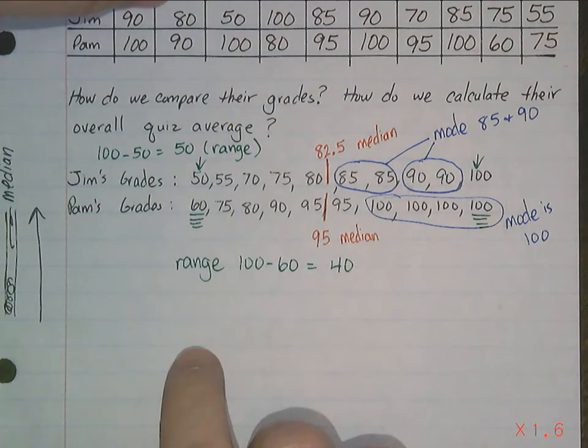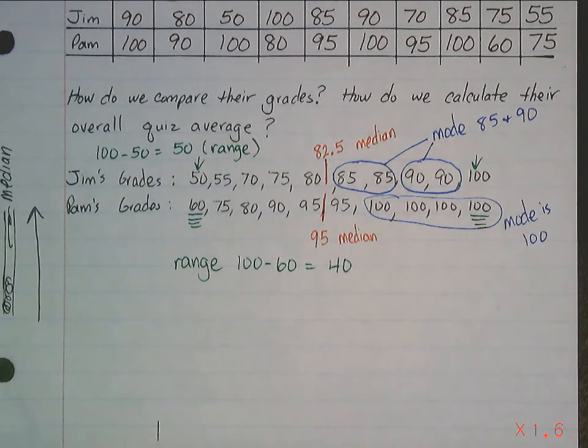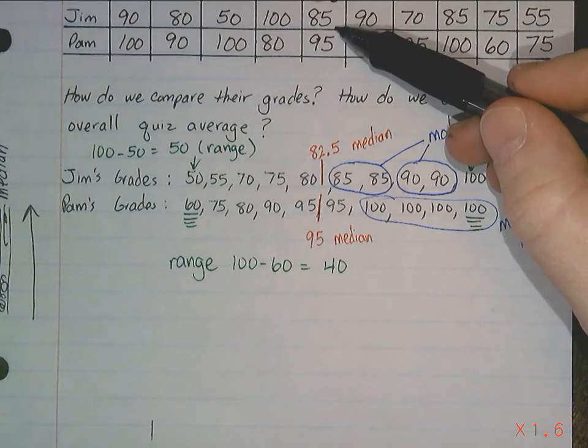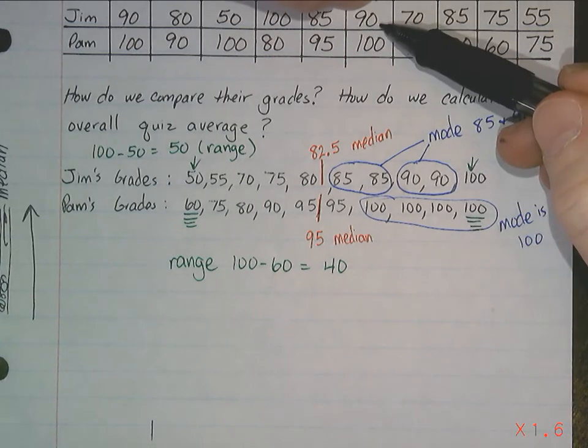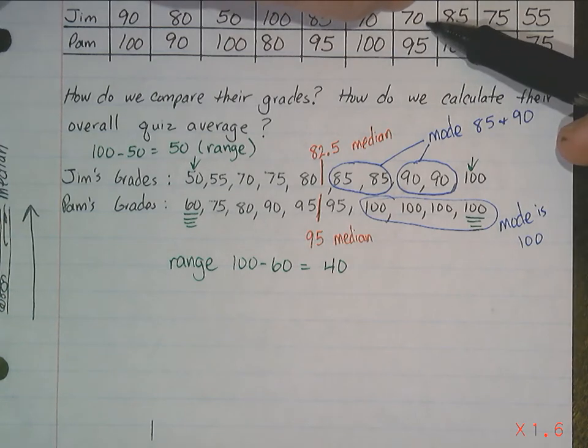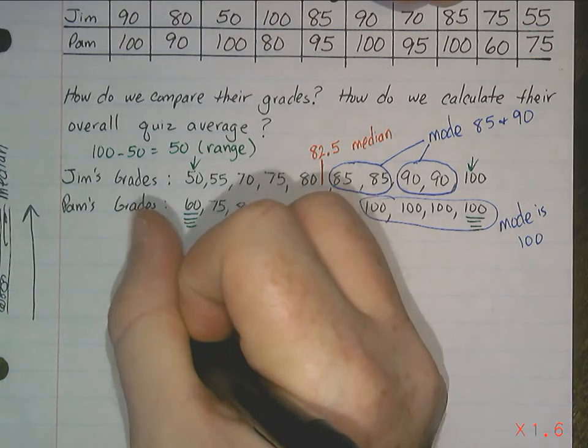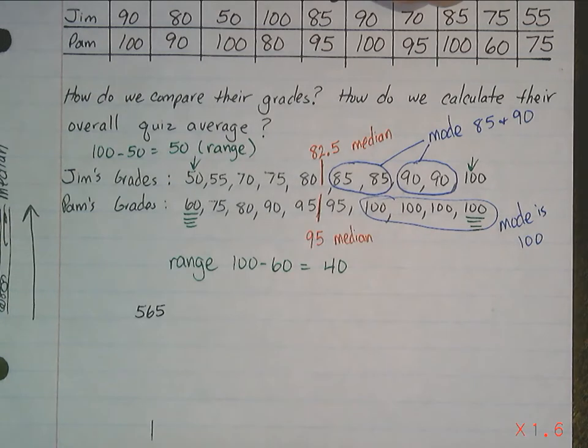So I'm going to try to add them in my head as much as I can. All right. So we've got these two, so that's 170. 170 plus 50 is 220. 220 plus 100 is 320. 320 plus 85 is 405. 405 plus 90 is 495. 495 plus 70 is 565. 565, and this is where I start breaking down because I can't add much more than that.